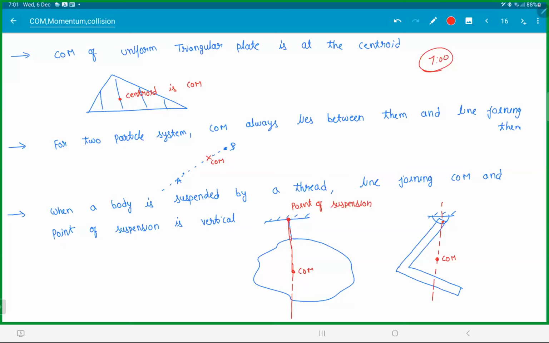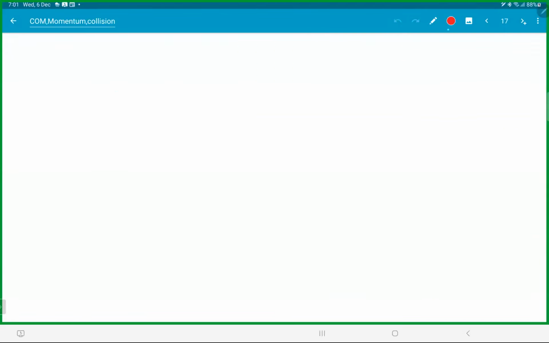Sure, let's start off. Now, the important thing. Till now, what we did was for particles.